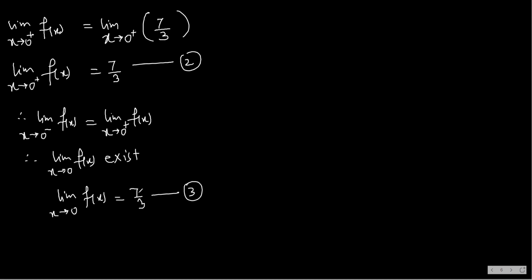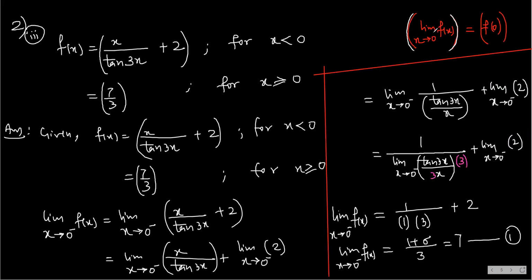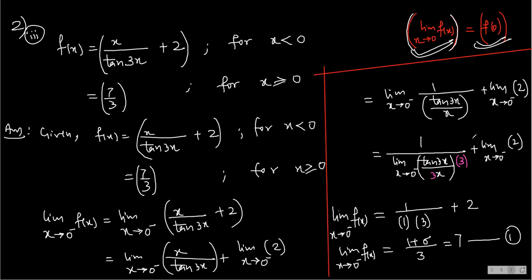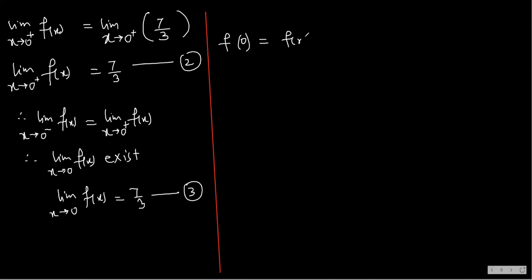Finally, after this, I have found the limit side. Now I want f of 0. What is f of 0? f of 0 is f of x when x is equal to 0.